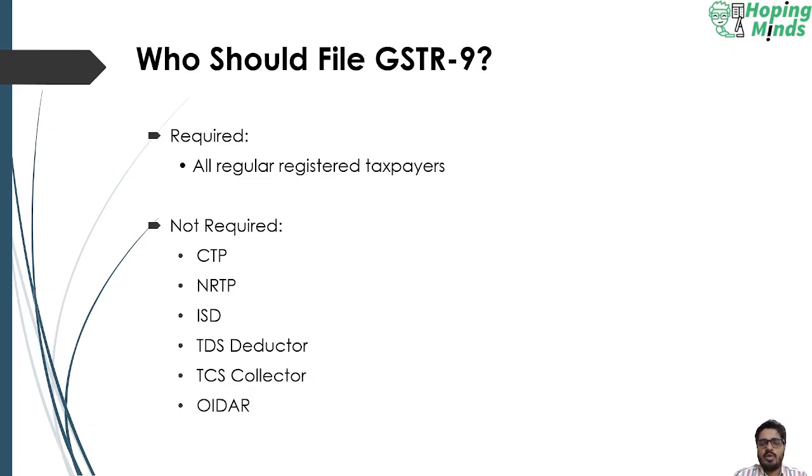Those who are not required to file GSTR-9 are CTP, that is casual taxable person, then NRTP, that is non-resident taxable person, then input service distributors, then TDS deductor under GST, TCS collector under GST, and those who are engaged in online information and data access and retrieval services. So these class of taxable person are not required to file GSTR-9.